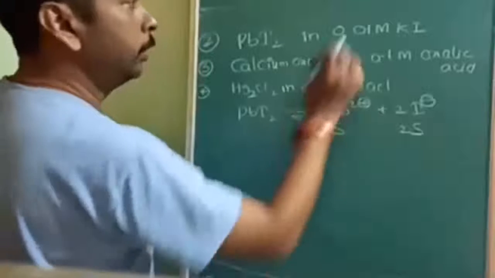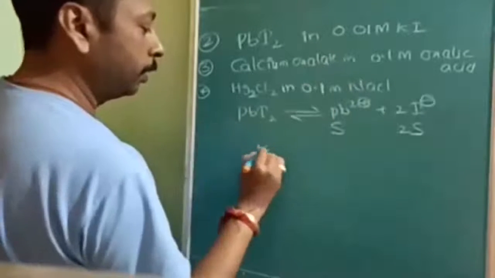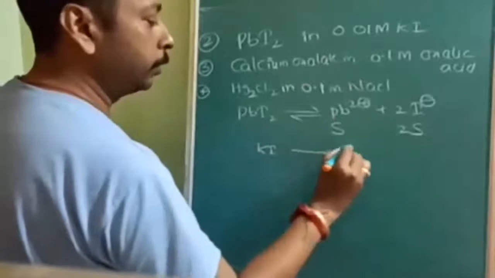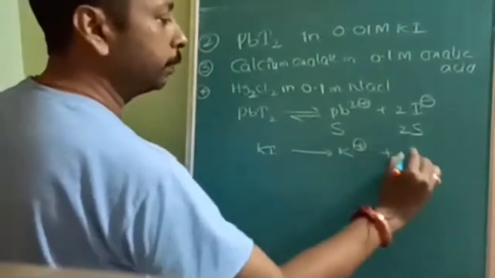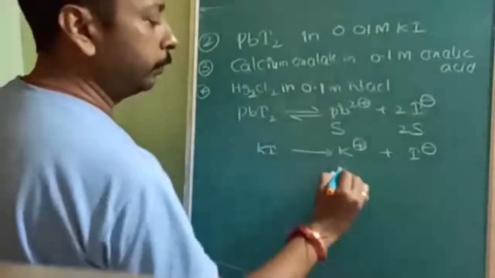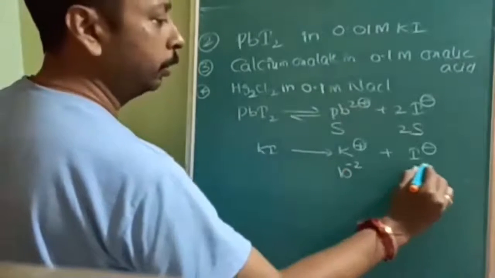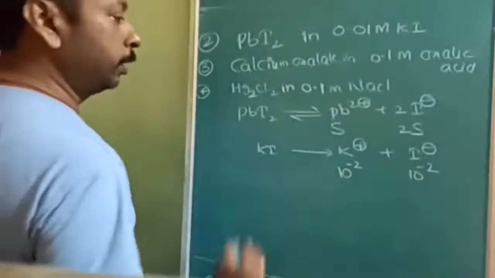Now here it will be KI, which will be completely soluble. So it will give K plus and I minus. So this concentration, 0.01, can be written as 10 to the power of minus 2, and here also 10 to the power of minus 2.